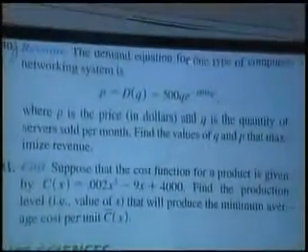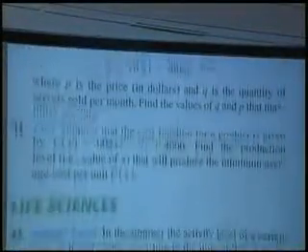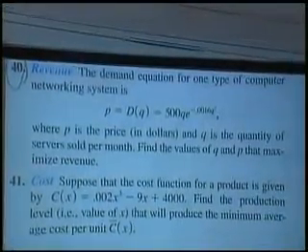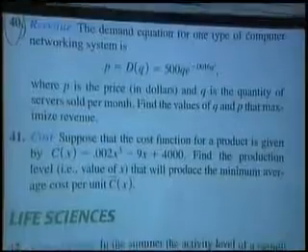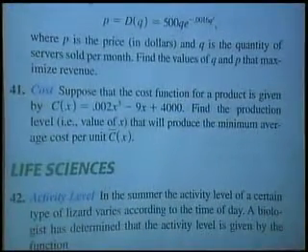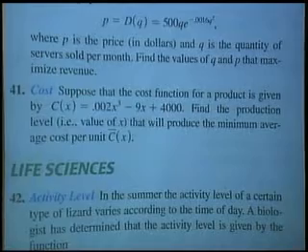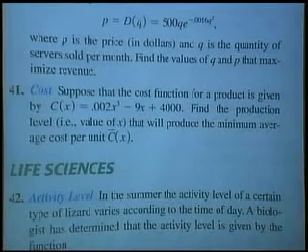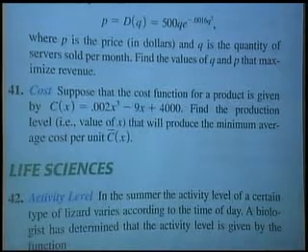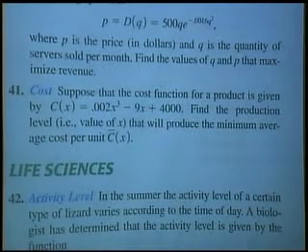Okay, in this book, this will be question number 41 that we'll look at. Okay. It says, suppose that the cost function for a product is given by this equation. Find a production level, in other words, the value for X, that will produce a minimum average cost per unit. Okay. So there's our setup.